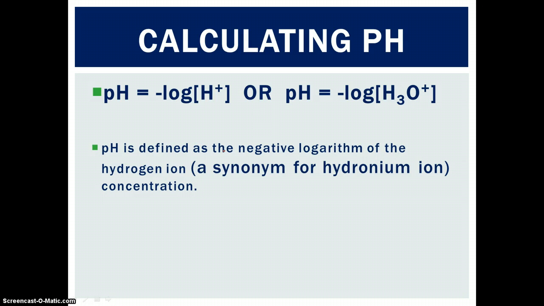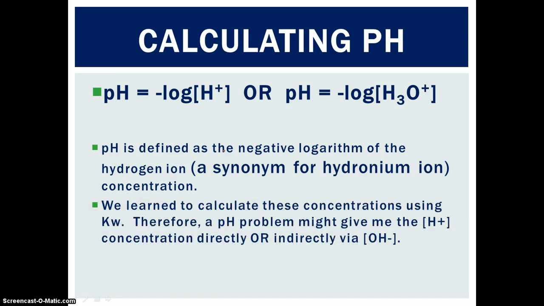So pH is defined as the negative log of the hydrogen ion or hydronium ion concentration. We learned to calculate these concentrations using Kw. Therefore, a pH problem could give you the hydrogen ion concentration directly or the hydroxide ion concentration and expect you to do that calculation first. So pay attention to which concentration you're given.